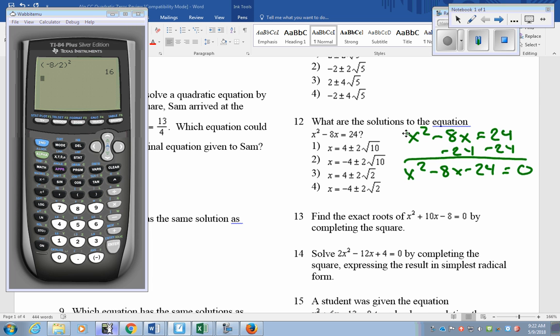Now, one way you could do this question is to take each answer, and notice that each one, like question 1, is actually 2 answers. There's 4 plus 2 radical 10 and 4 minus 2 radical 10. So before I do the quadratic formula method, because it's multiple choice, I could throw in one of those answers. Let's say I try 4 plus 2 radical 10. I'm typing that into the calculator right now.